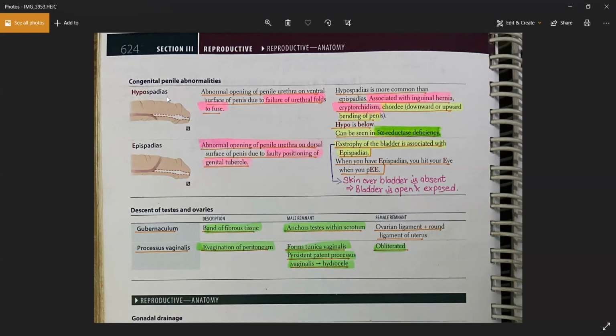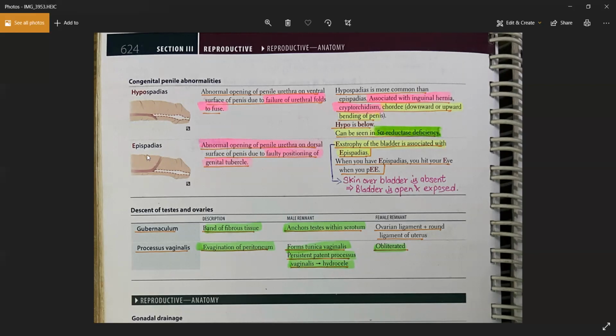Hypospadias occurs whenever you have a failure of the urethral folds to close. For that you of course need the dihydrotestosterone, right? If you have a deficiency of dihydrotestosterone, you will have improper closure of these folds, and you can end up having hypospadias.